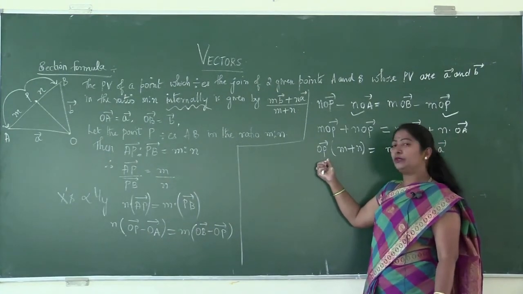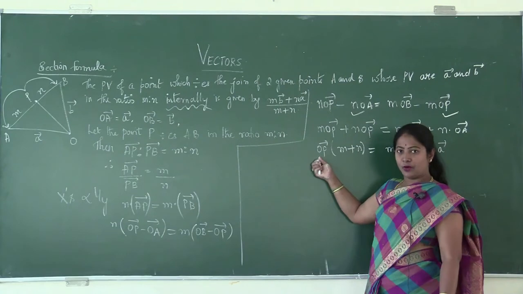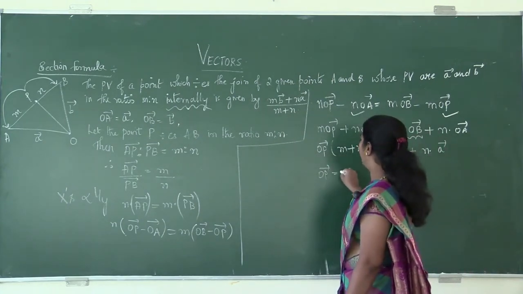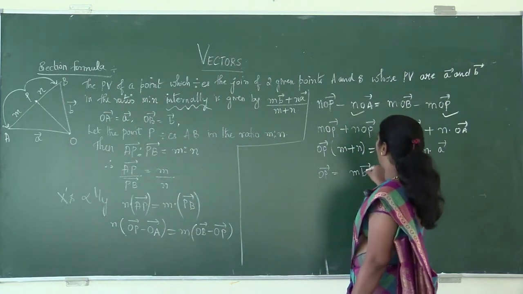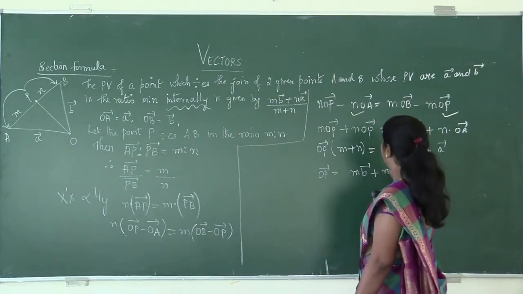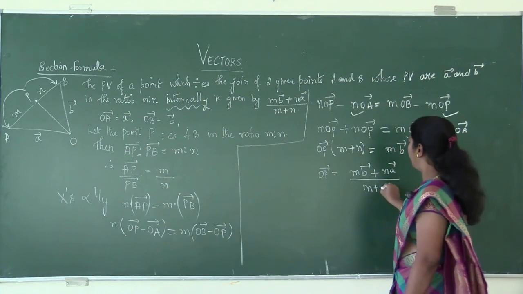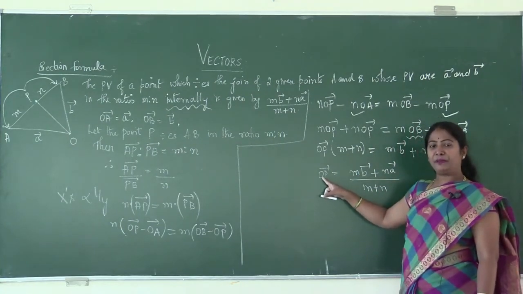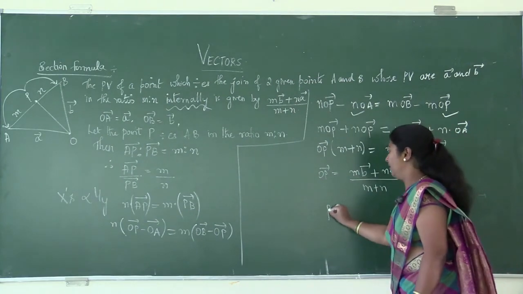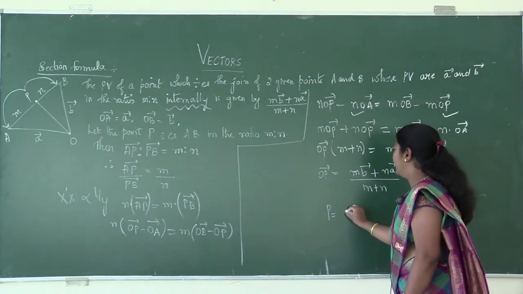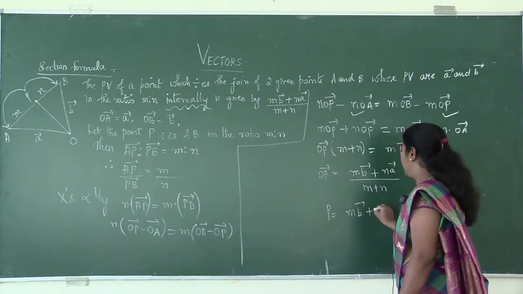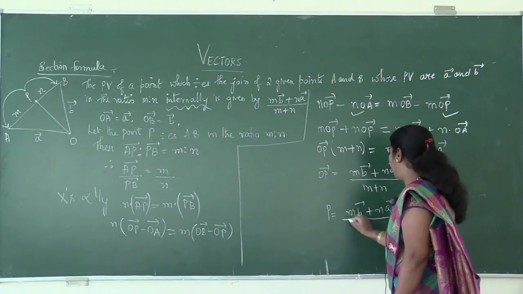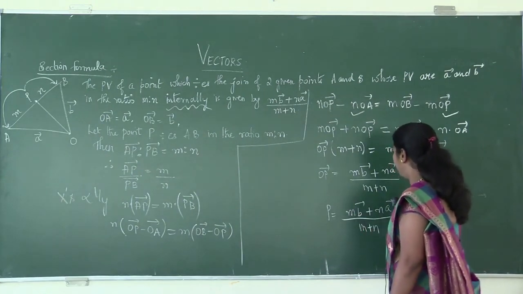It is the position vector of the point P with respect to origin O. So, vector OP can be written as mB plus nA divided by m plus n. Therefore, the point P is equal to m into vector B plus n into vector A divided by m plus n.